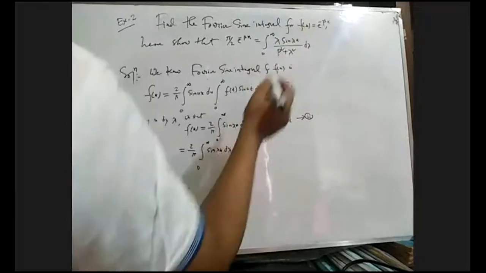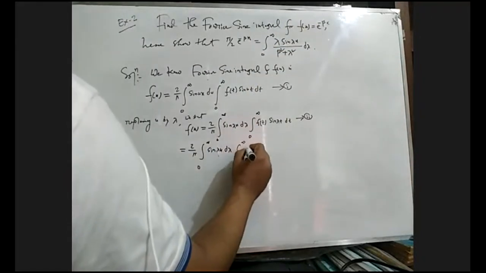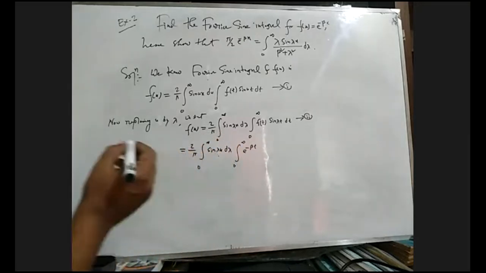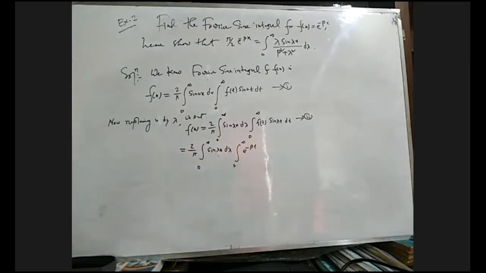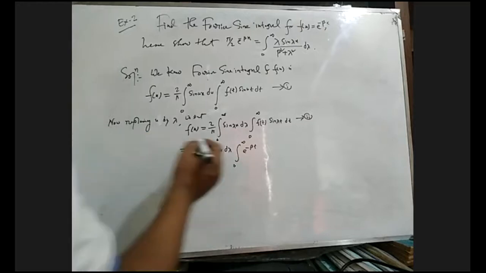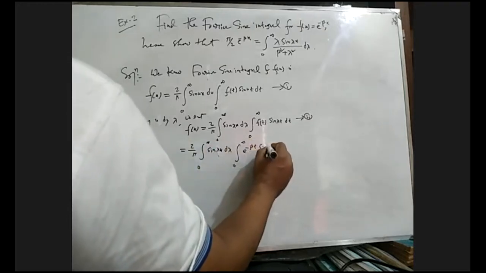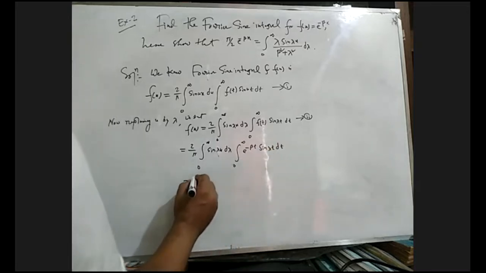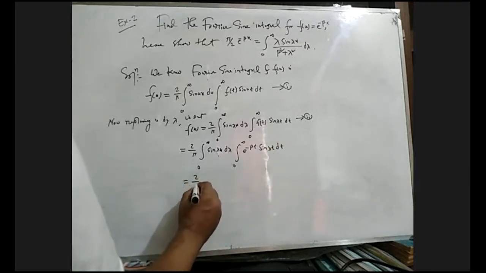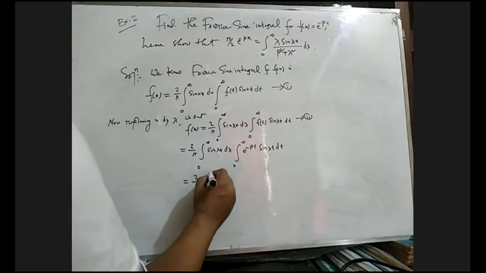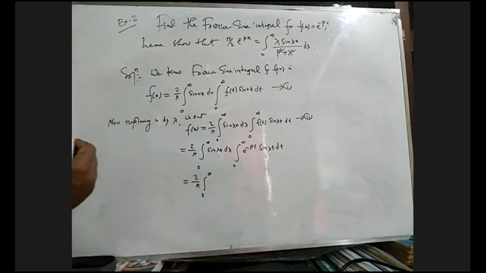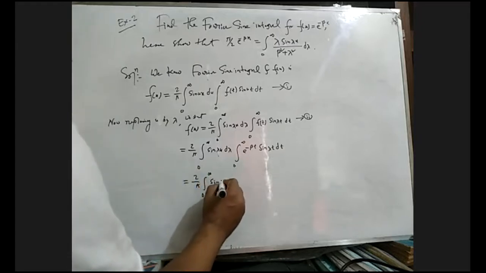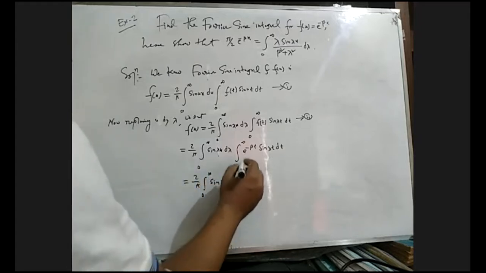Just replacing x by t, we get e to the power minus beta t, not beta x, because the parameter we are using is t, sine lambda t dt, then 2 by pi, 0 to infinity sine lambda x d lambda.